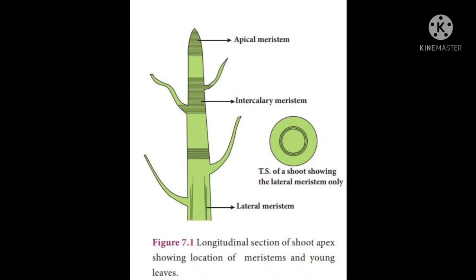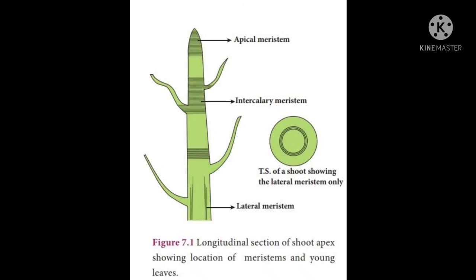As you can see, on the top is the apical meristem, which we have already discussed. The intercalary meristem is present just below, at the base of the leaves, that is the internodes and nodes, and the lateral meristem is present in the stems. They have also shown us the cross section, the transverse section of these lateral meristems.